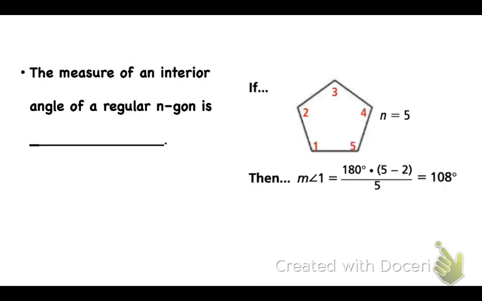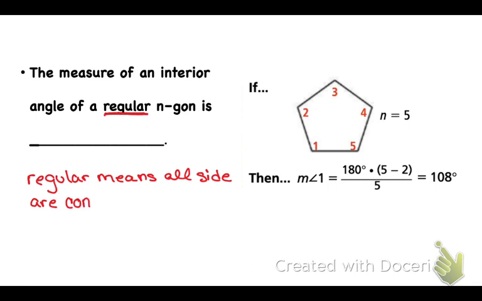Okay. The measure of the interior angles of a regular nonagon. What regular means, this is important. I've said it before. Does anyone remember what regular means? Regular means all sides are, it's the magic word always, congruent.